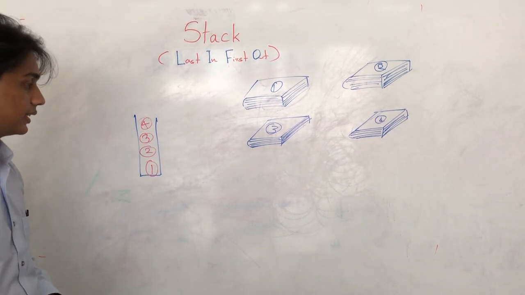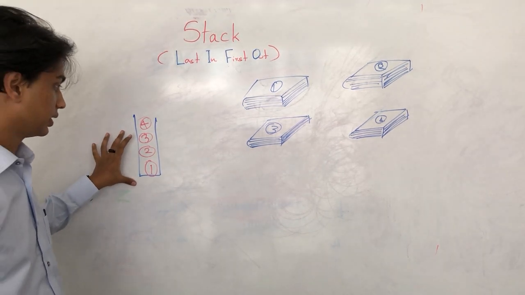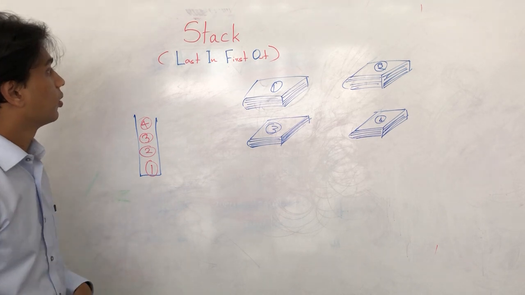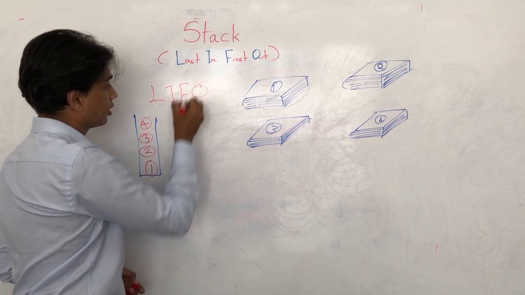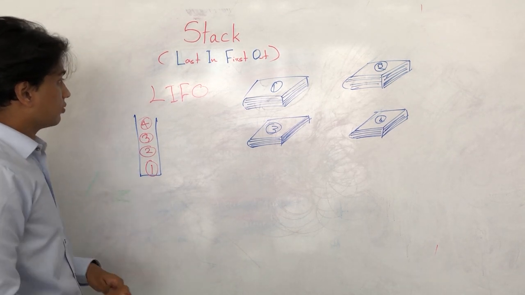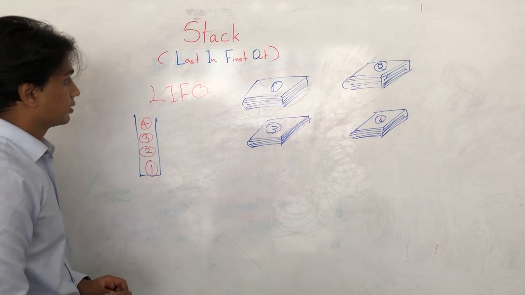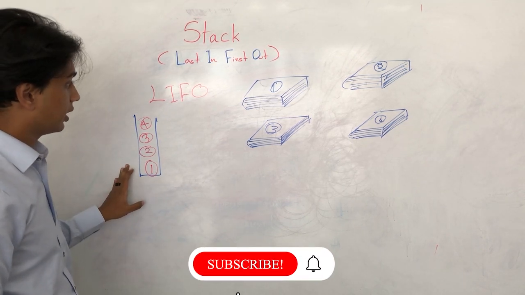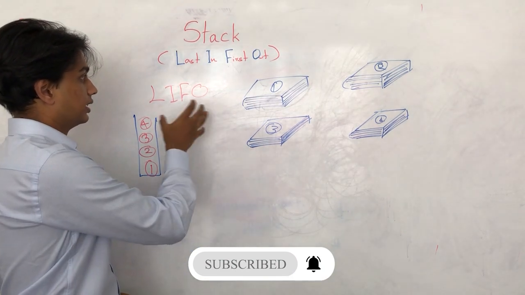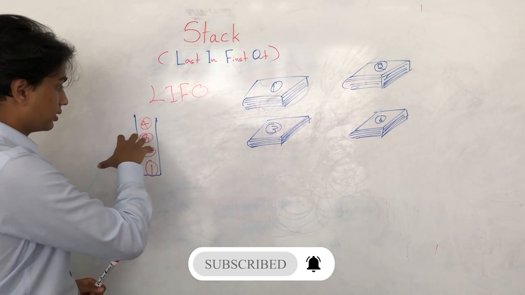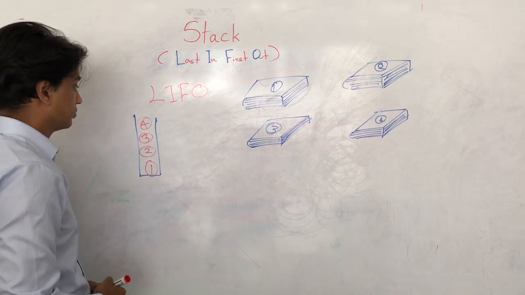So, as I said earlier, we use the principle last in first out in a stack, also known as LIFO. The reason we use this technique is, as you can see, the fourth book, which is the book that we inserted last, is the book that we are going to take out first.